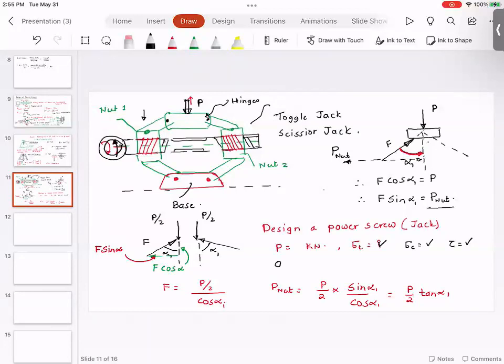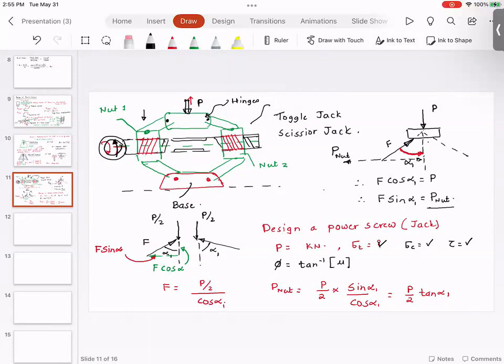They will also give you the value of friction angle, or they can give you the value of mu. So if they give you the value of mu, you can find out the friction angle by using the equation phi is equal to tan inverse of mu.